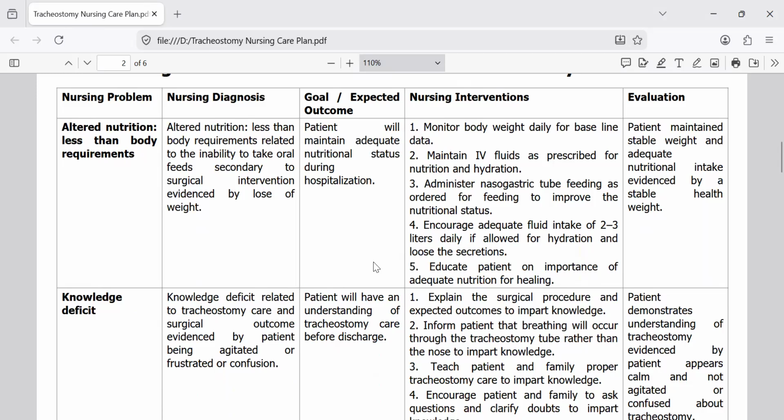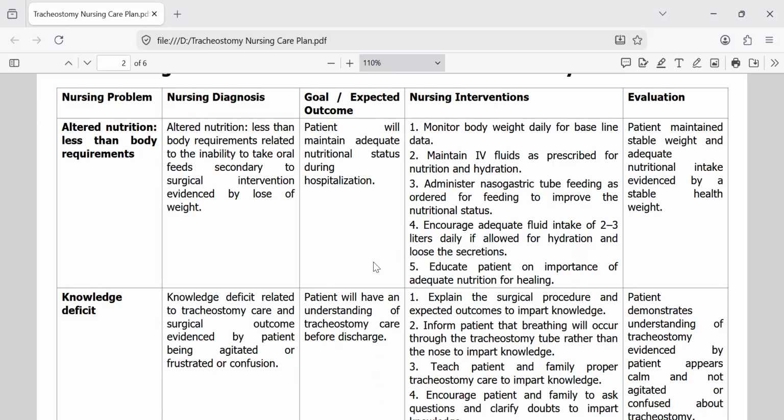We move to the third one. So we understand that if the patient is in this surgical procedure and this tracheostomy is there for an extended period of time, it can lead to altered nutrition, less than body requirement.